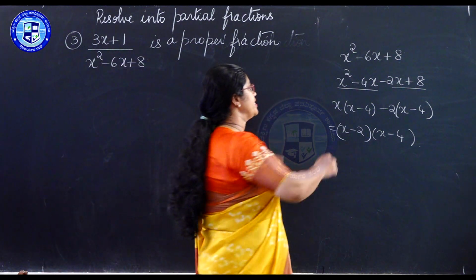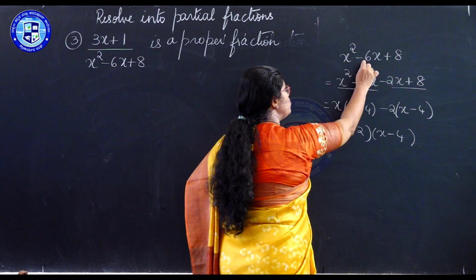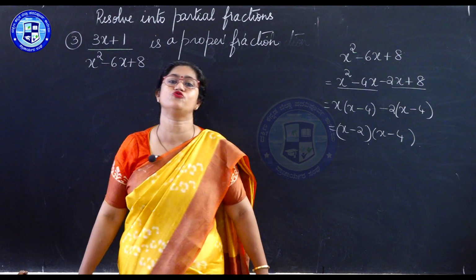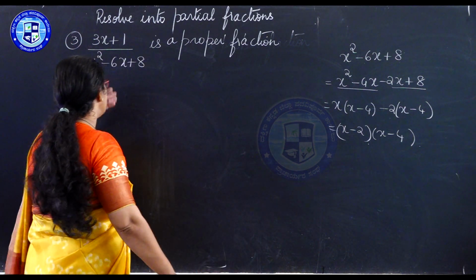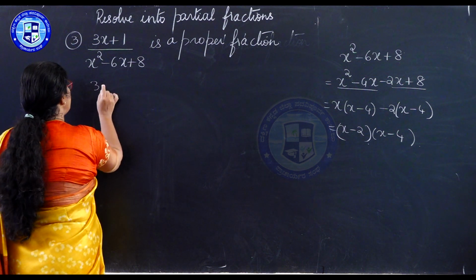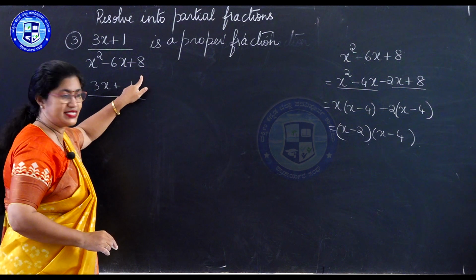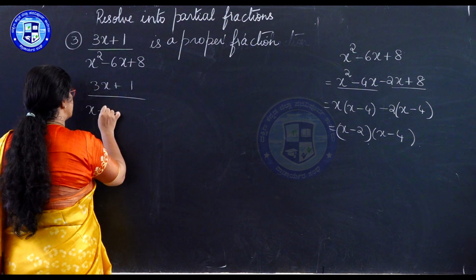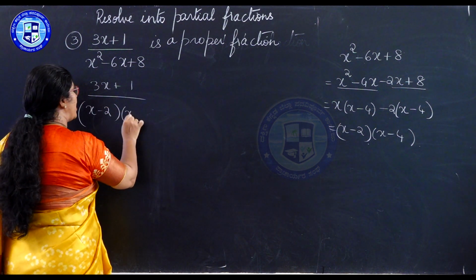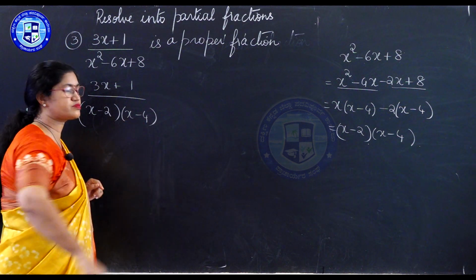Now that we have factorized, we know that it is equal to x minus 2 into x minus 4. We will come back to the problem. 3x plus 1, I am not going to write the denominator like this, I am going to write it as x minus 2 and x minus 4.